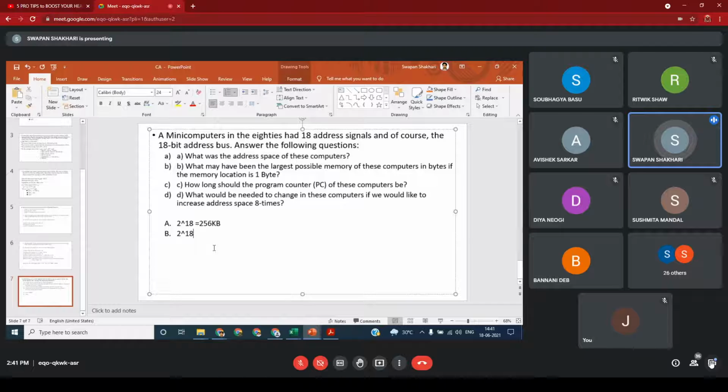And in every memory address in the physical memory we have 1 byte. Okay, sir, understood. So this many we can address, multiplied by 1 byte, which means 2 to the power 18 bytes.